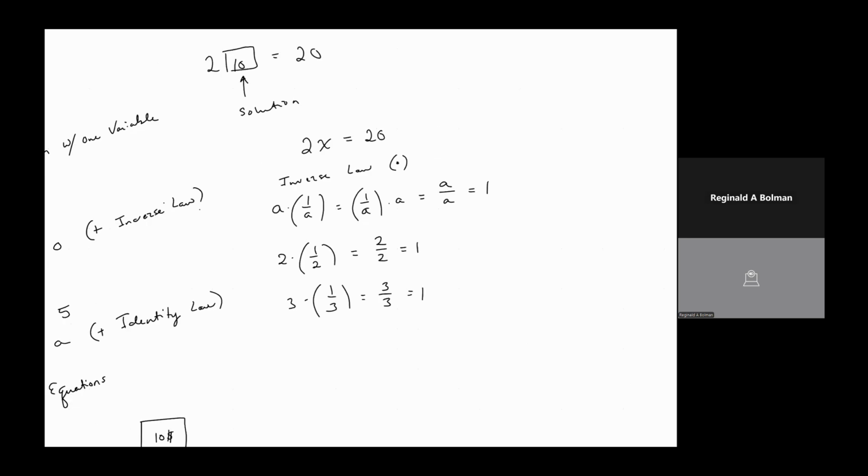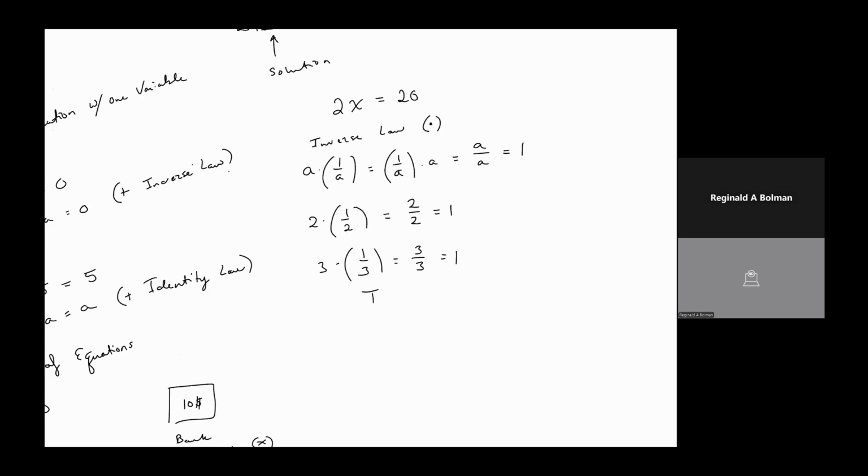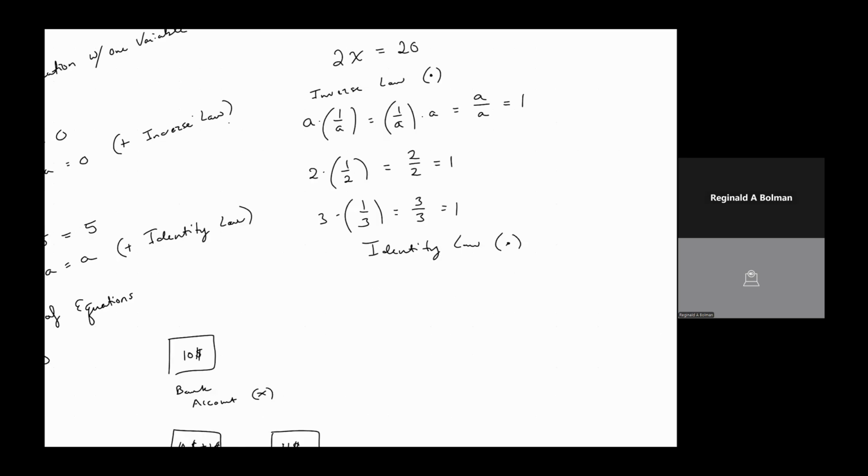And then there's also the multiplicative identity law, which we're going to need to use. The multiplication identity law just says that if you take a number and multiply by 1, you can do this on any side of the number itself, and you always get back the original quantity. So just as an example, 3 times 1 is the same thing as 1 times 3.